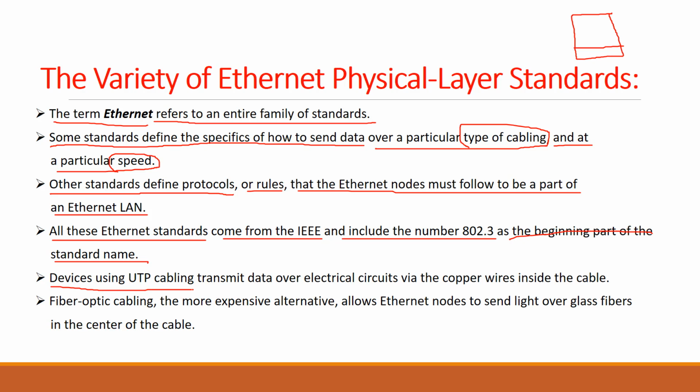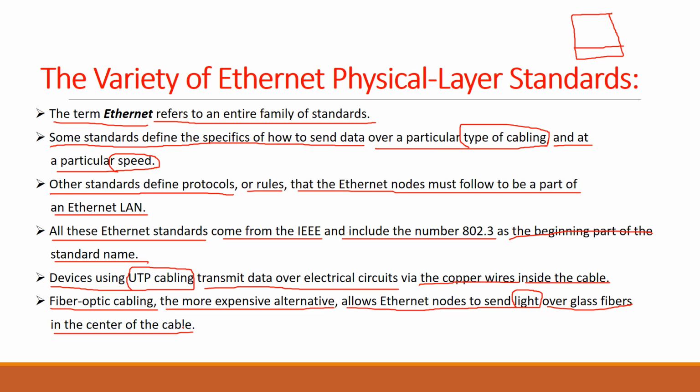Devices using UTP cabling, so this is one kind of cabling, transmit data over electrical circuits via the copper wires inside the cable. Fiber optic cabling, the more expensive alternative, allows Ethernet nodes to send light over glass fibers in the center of the cable.